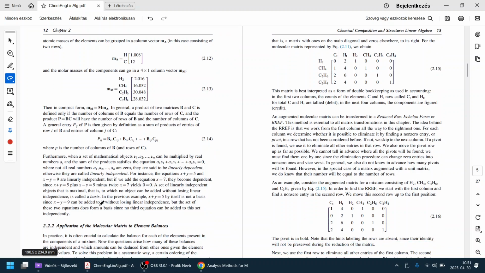Okay, great. I'm happy with this. Now it transforms to reduced row echelon form, but I know this as an upper triangular matrix or trapezoid form.